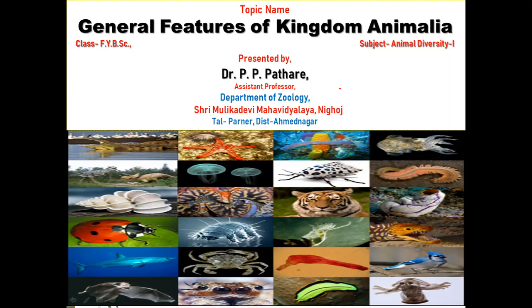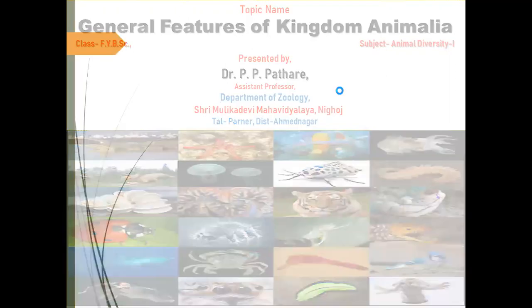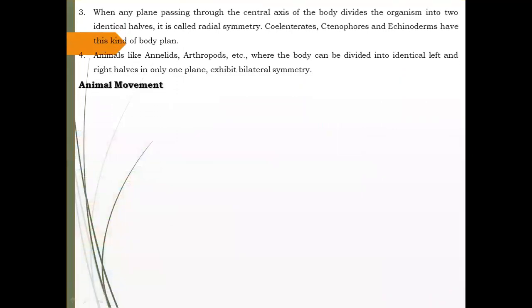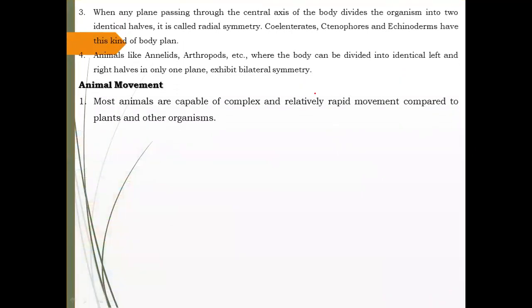Now today I will discuss with you the remaining points of features of kingdom Animalia. So let us start to study the general features of kingdom Animalia. In that, today I will discuss the remaining points of external features.